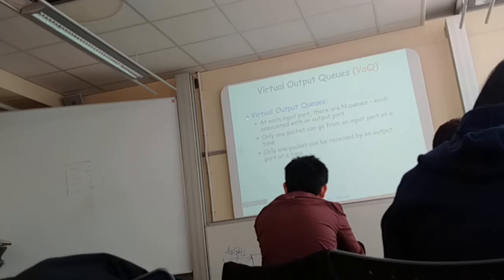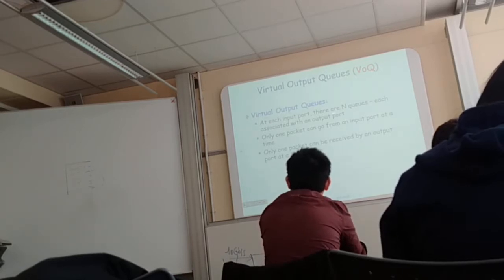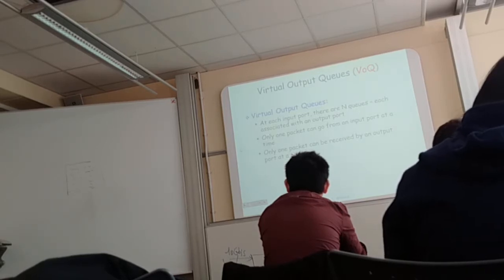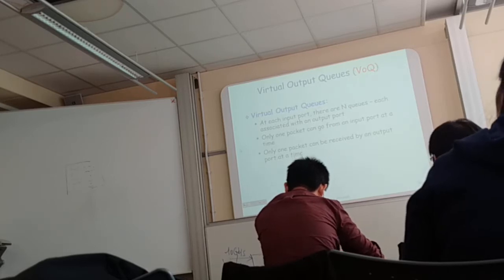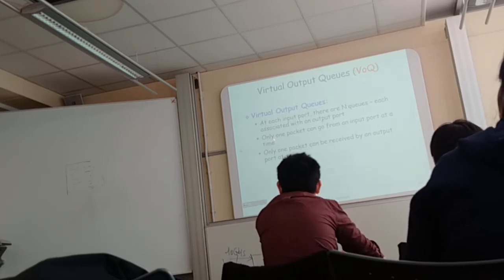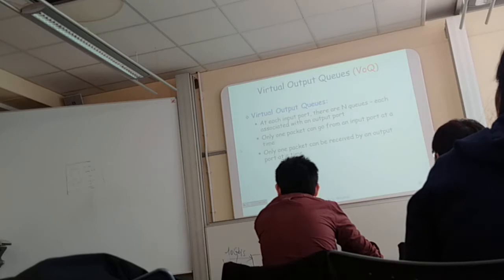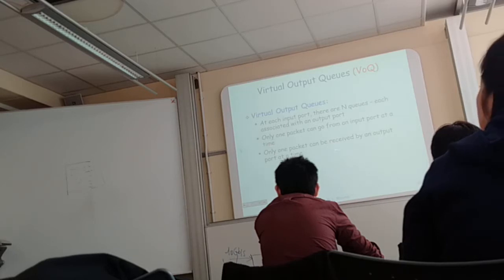Okay. So virtual output queuing means that at each input port, there are n queues, each associated with an output port, which means I maintain a queue per output destination at each input. But you retain the constraints of an input queue switch, in the sense that only one packet can go from an input port at a time, and only one packet can be received by an output at a time.